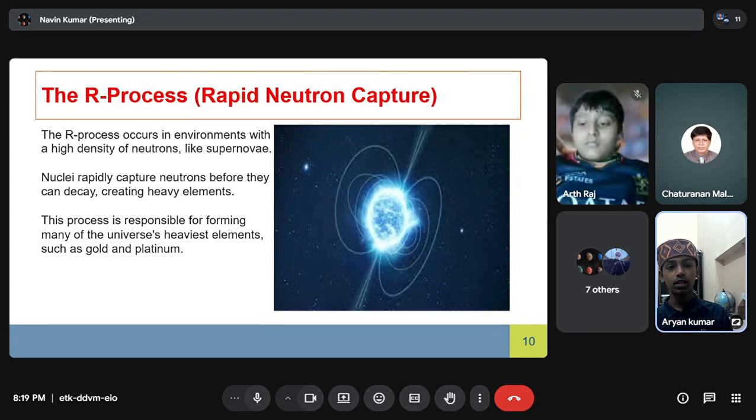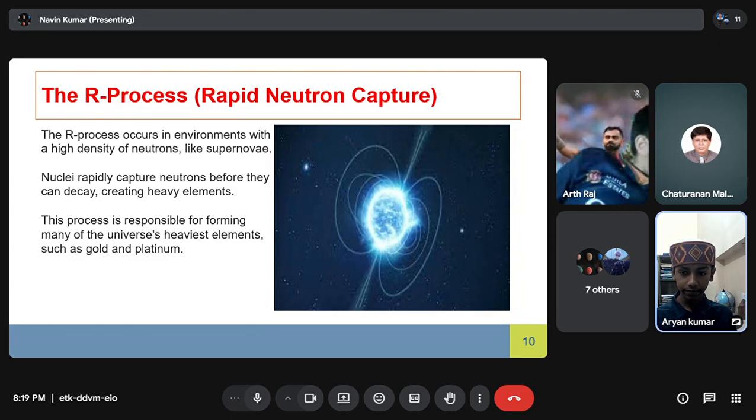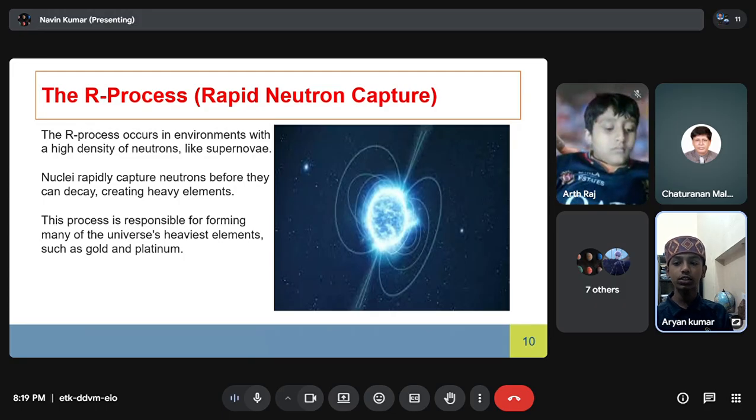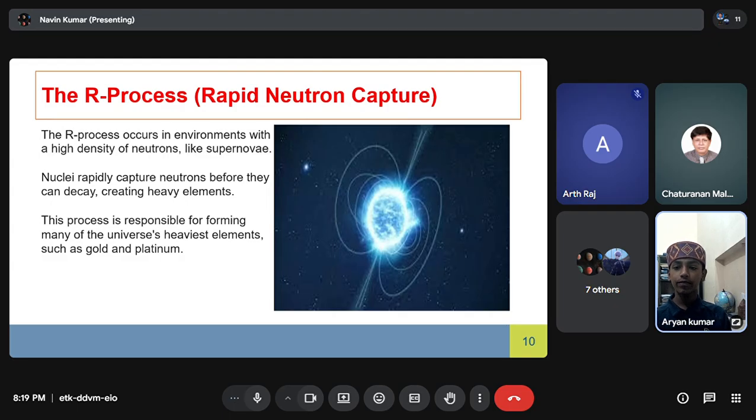This happens because the nuclei capture neutrons before they can decay, and then it becomes unstable and converts the neutrons into protons, and that is how they form heavier and heavier elements.